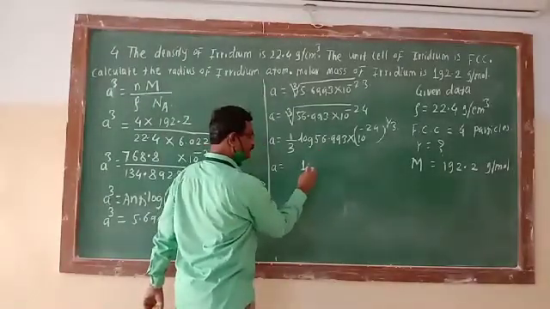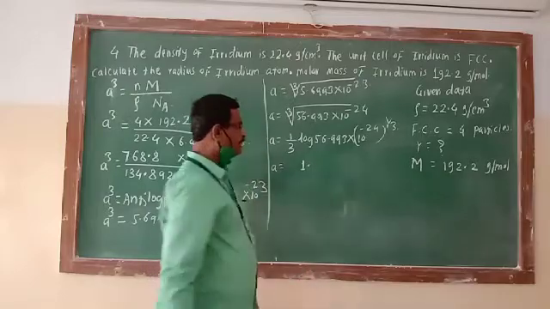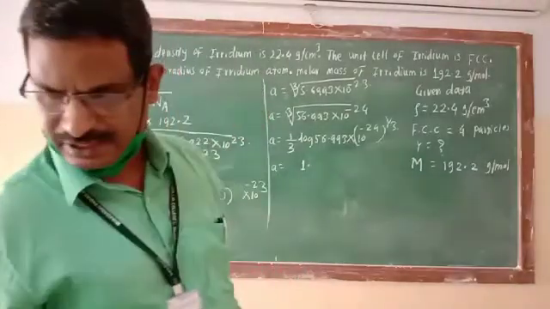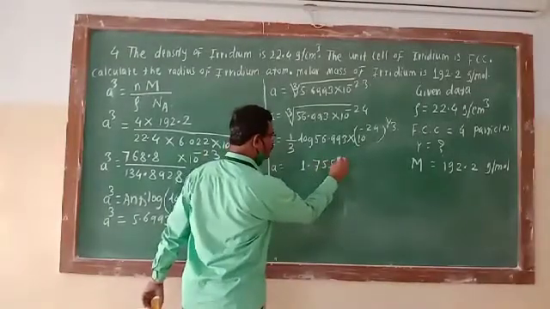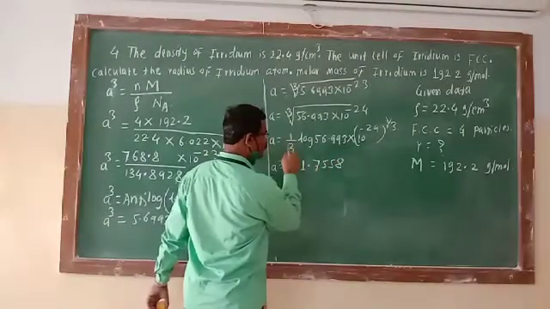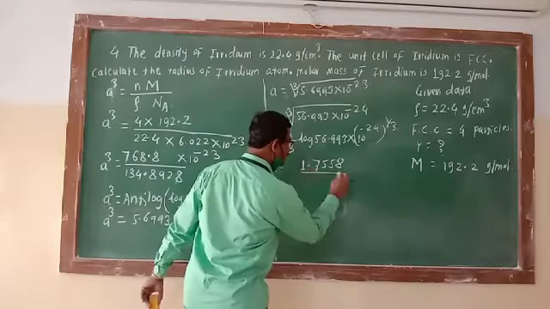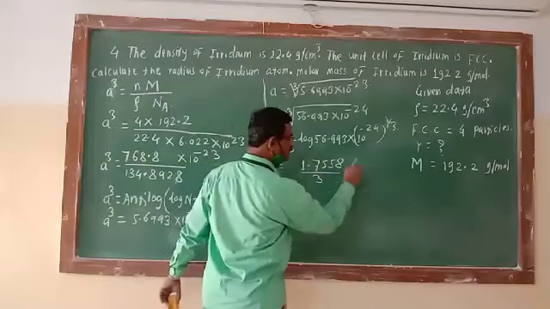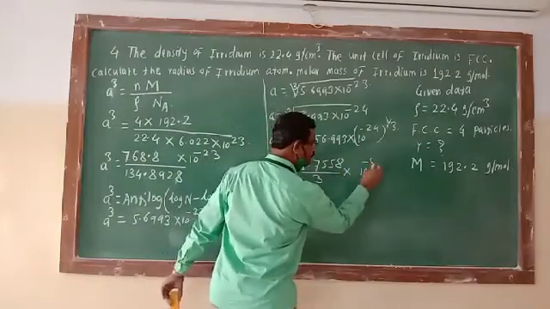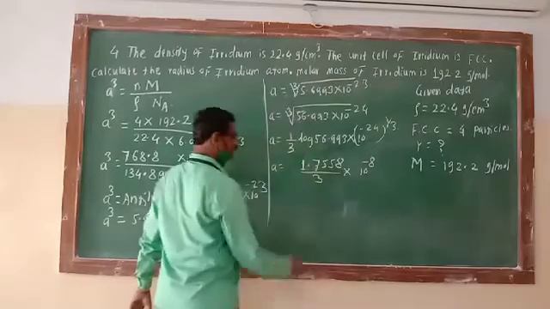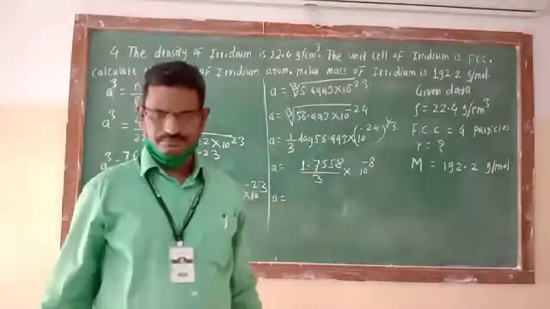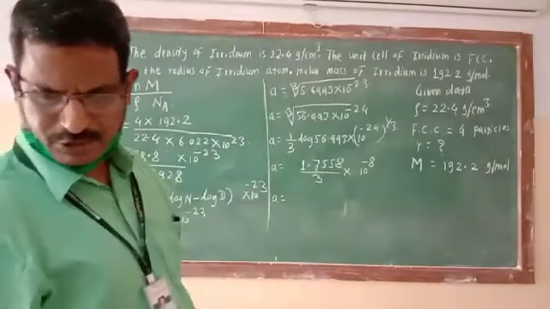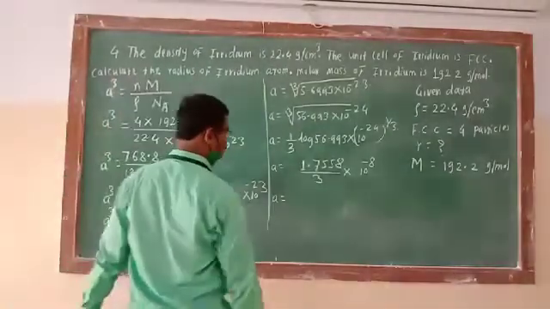The log of 56.99 is 7558. 1/3 means this is divided by 3, multiplied by now 10 raised to minus 8. So this is divided by 3, and a is equal to the answer, which we have to solve.